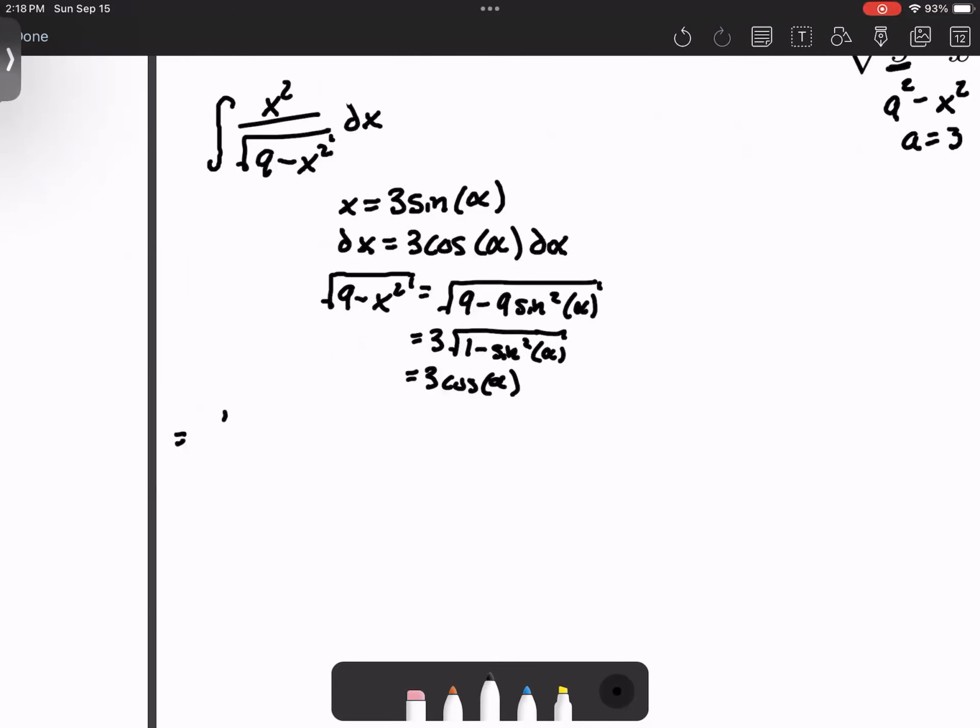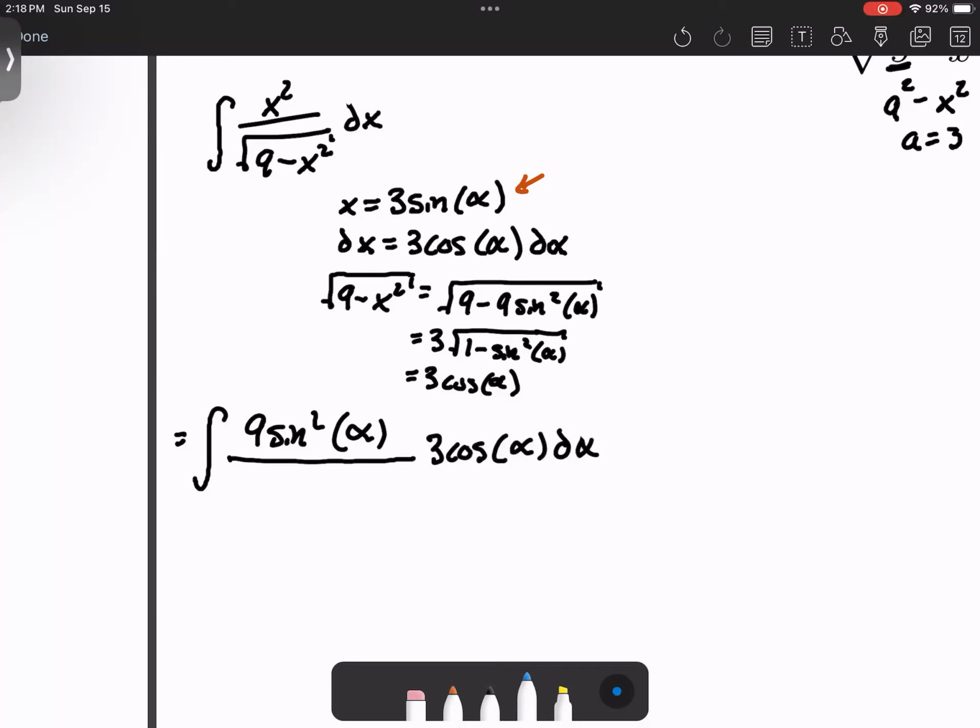So let's go ahead and do this. The x squared in the numerator is being replaced by a 9 sine squared by this relationship right there. The dx, also in the numerator, is being replaced by a 3 cosine d alpha by this relationship here.